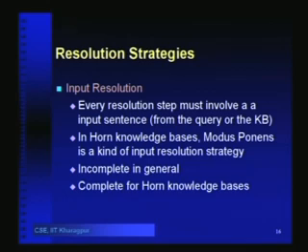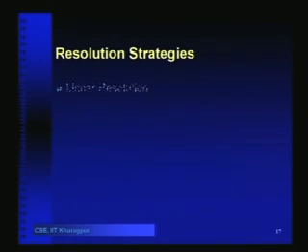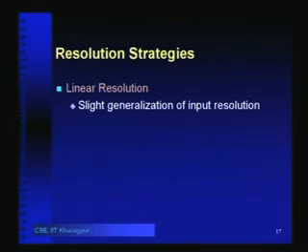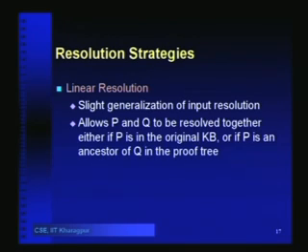So, the generalization of input resolution which is complete is called linear resolution. Now, what generalization do we do? We will allow clauses P and Q to be resolved together either if P is in the original knowledge base, which is as in input resolution, or if P is an ancestor of Q in the proof tree. So, in the proof tree we are taking clauses, deriving something out of them, then using this one with some other clauses, deriving something out of them, and so on.